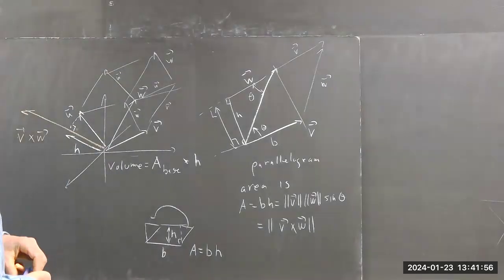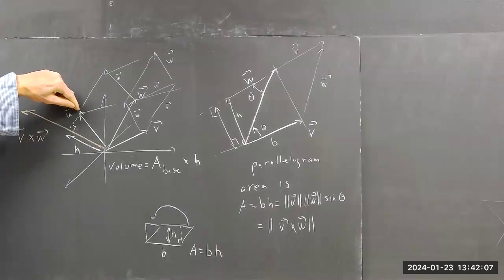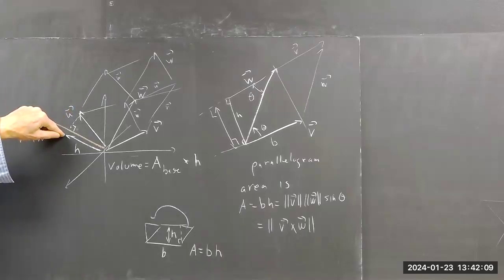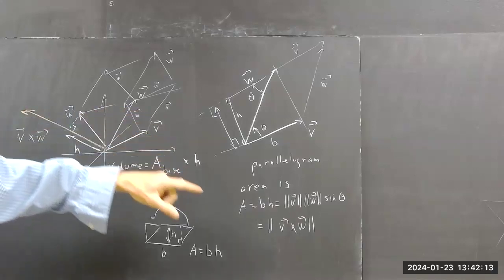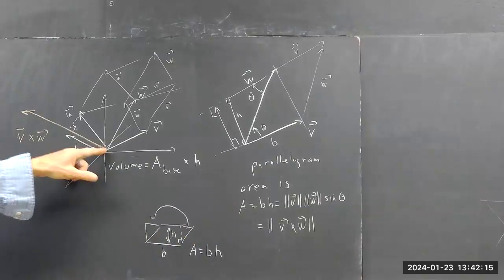Okay. So one way to see it is the altitude is the projection of this vector on this vector. Okay. The area of the base is just the magnitude of V cross W, which is the length of this vector.